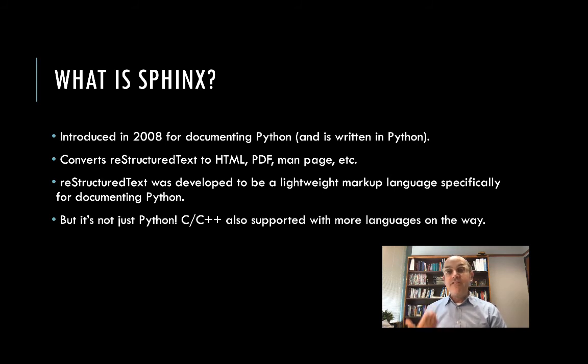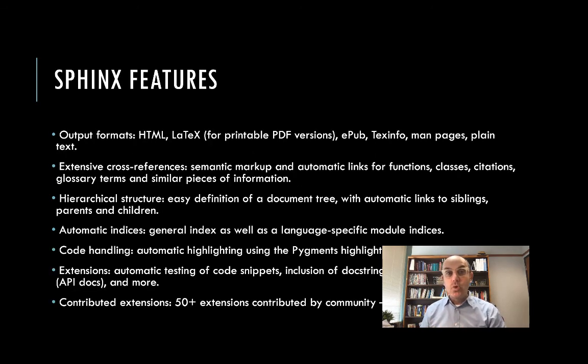It converts the document to HTML, PDF, or man page, so you will be able to share it. It is not just Python. It also accommodates C and C++ and supports more languages.